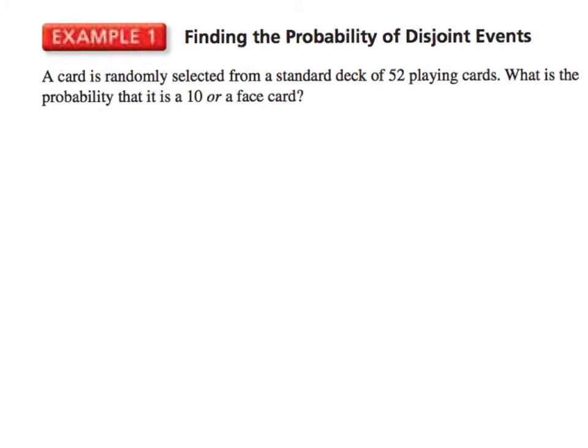So we're going to find the probability of a disjoint event. A card is randomly selected from a standard deck of 52 playing cards. What is the probability that it is a 10 or a face card?